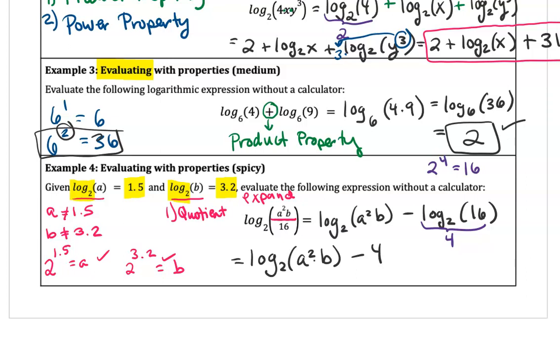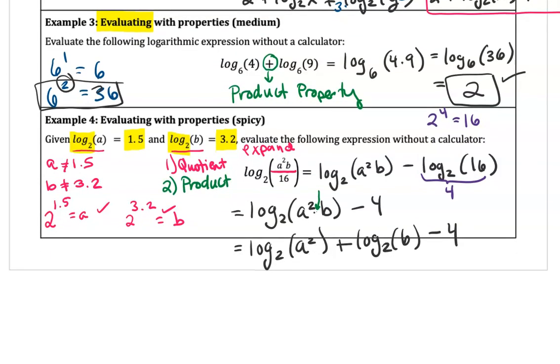And so then I'll move on to the product property, because I am multiplying here. So that would turn into addition of the individual logs. So I get log base 2 of a squared plus the log base 2 of b. So whatever those things are, I'm going to subtract 4. And I know that the log base 2 of b is 3.2, so I could swap this out for the value of 3.2.